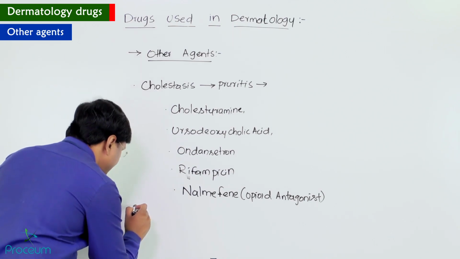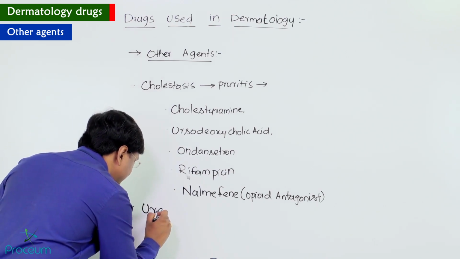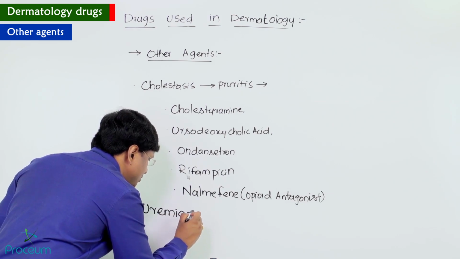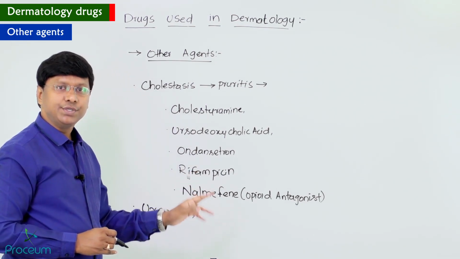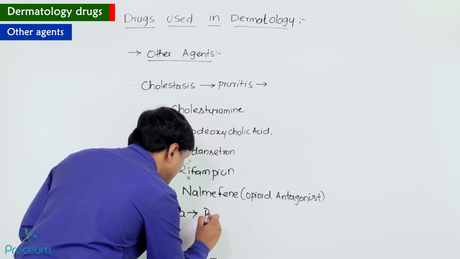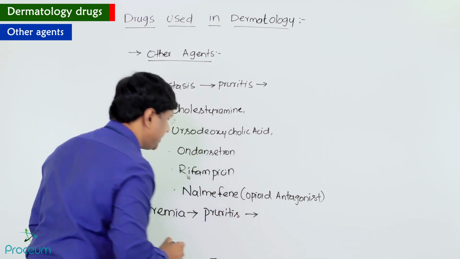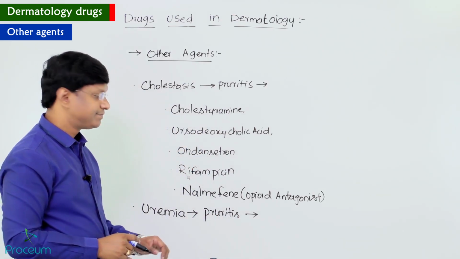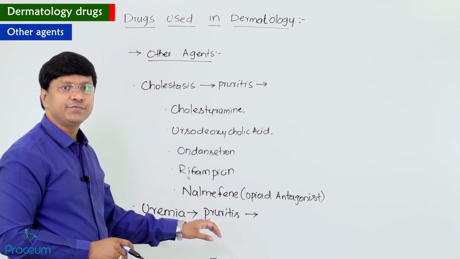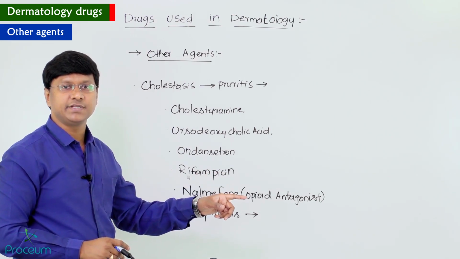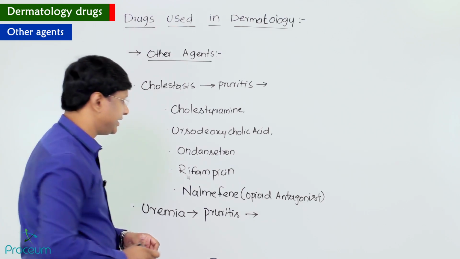Next, patients with chronic renal failure have what is called uremia. Uremia can also cause pruritus. The pruritus of uremia is most effectively treated with UVB radiation.